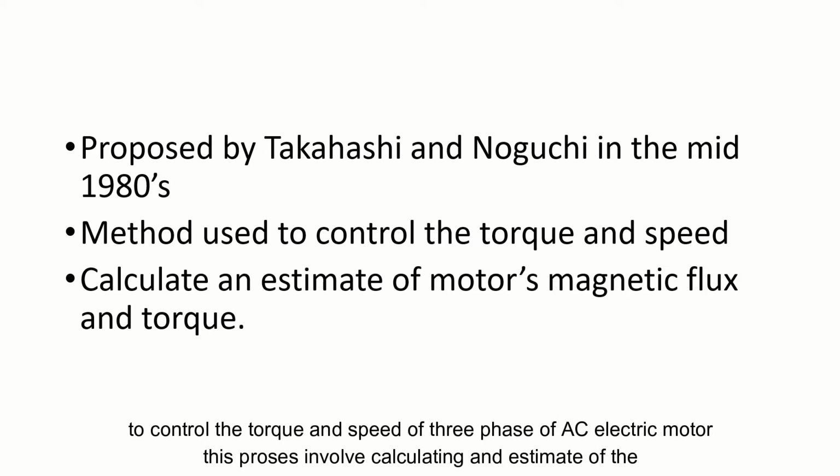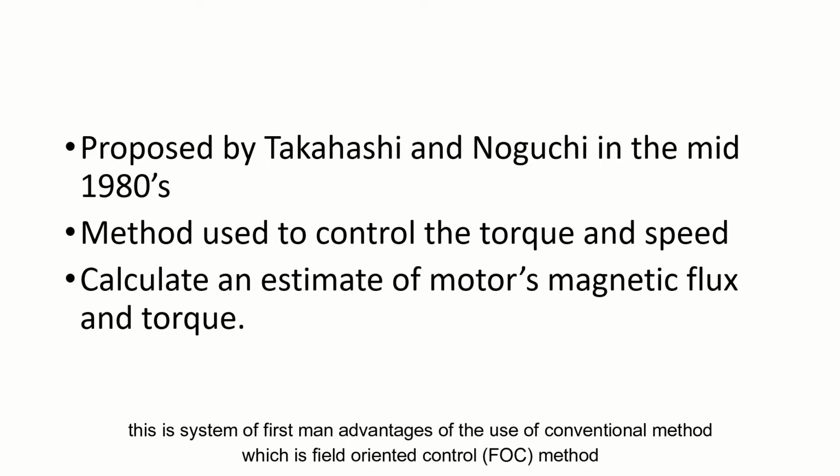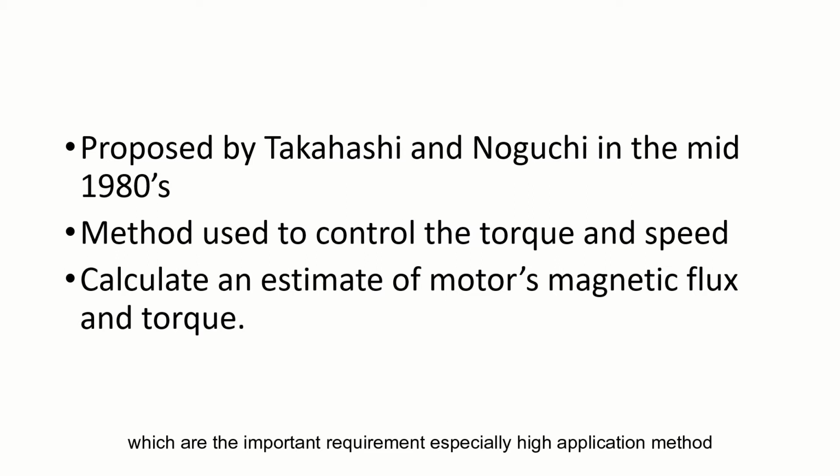This process involves calculating an estimate of the motor's magnetic flux and torque based on the measured voltage and current of the motor. This system offers many advantages over the conventional method, which is the field-oriented control or FOC method, which are important requirements especially for high power applications.